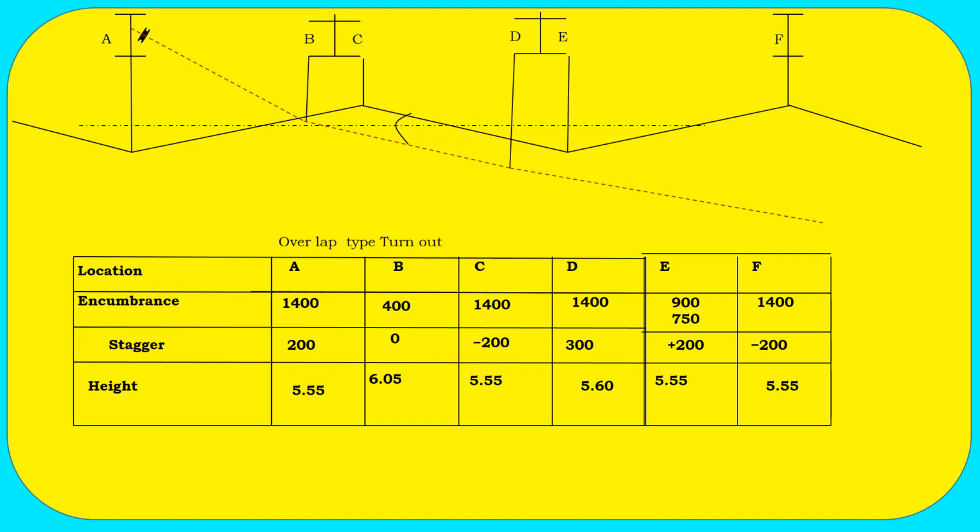But where to take this separation? As per the guideline, the distance is 650 plus minus 20, or 650 to 700 something. I'll give you the data. That is the distance of OHE from the mainline, where the pantograph will leave the mainline OHE.